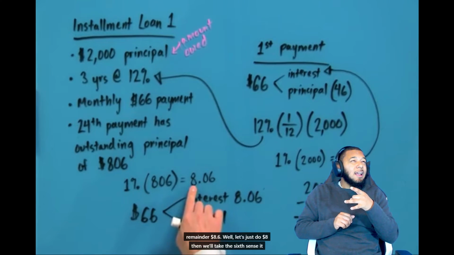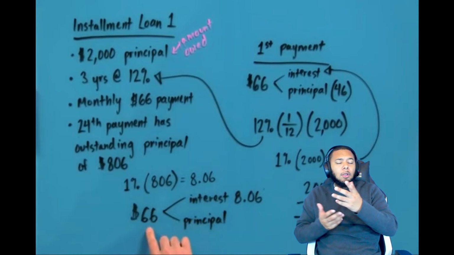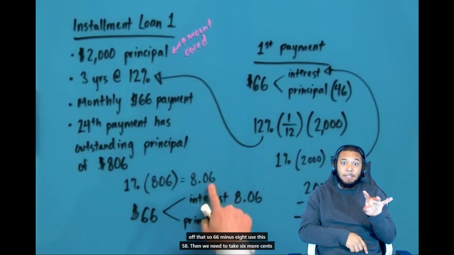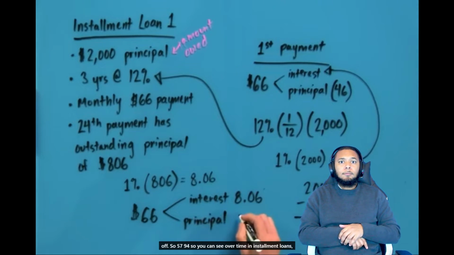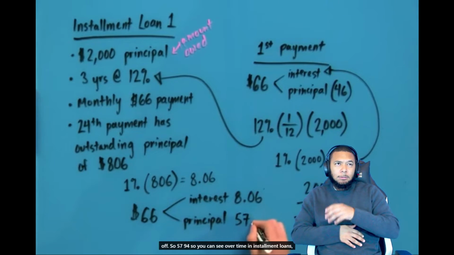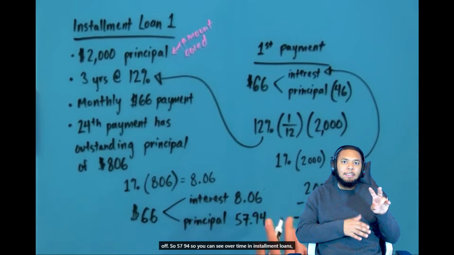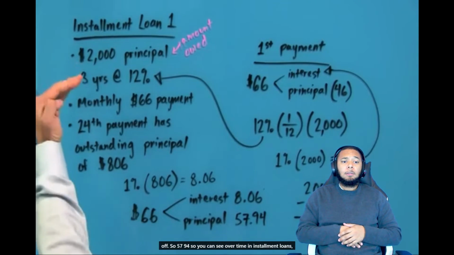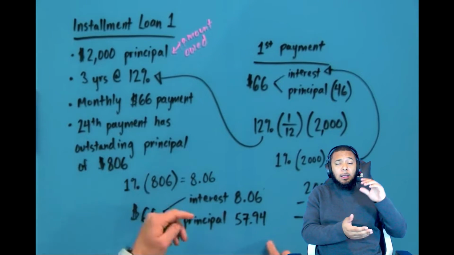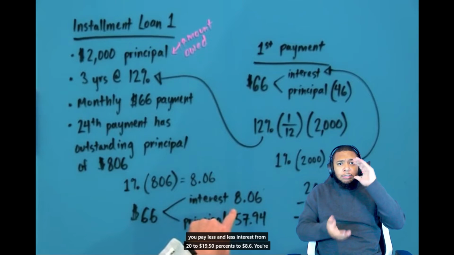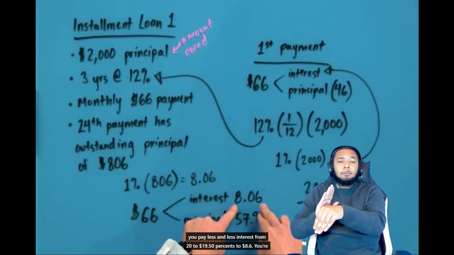$8.06, well, let's just do $8, and then we'll take the 6 cents off that. So 66 minus 8 gives us 58, but then we need to take 6 more cents off. So 57.94. So you can see over time in installment loans, you pay less and less interest, from $20 to $19.54 to $8.06.